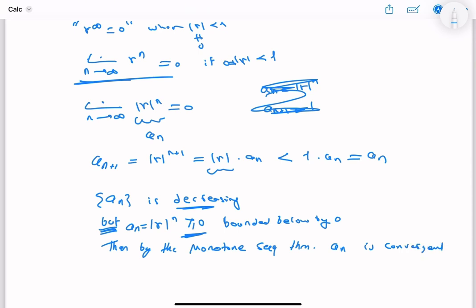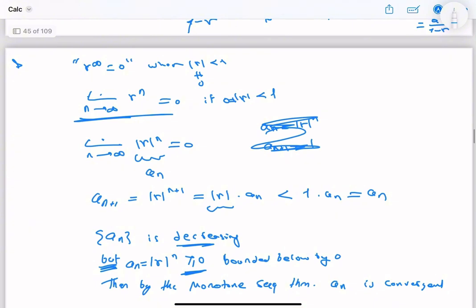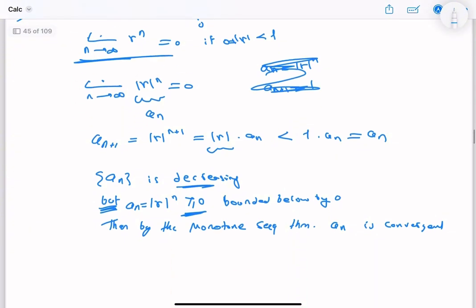So this is a little bit of a digression, but I have to cover this. So the sequence is convergent, which means we can call its limit L, the limit of a_n as n tends to infinity. This exists.